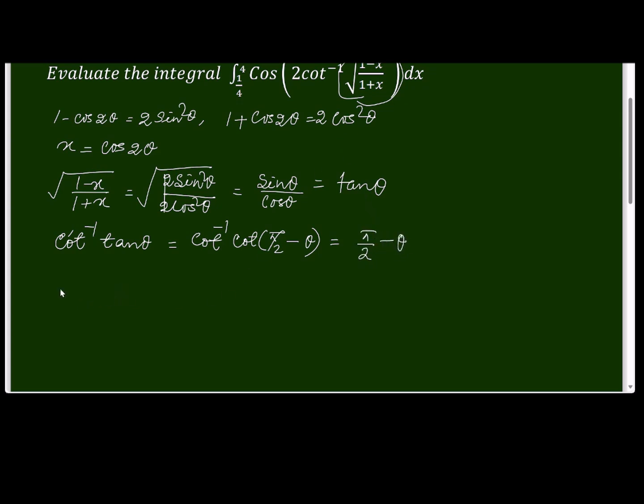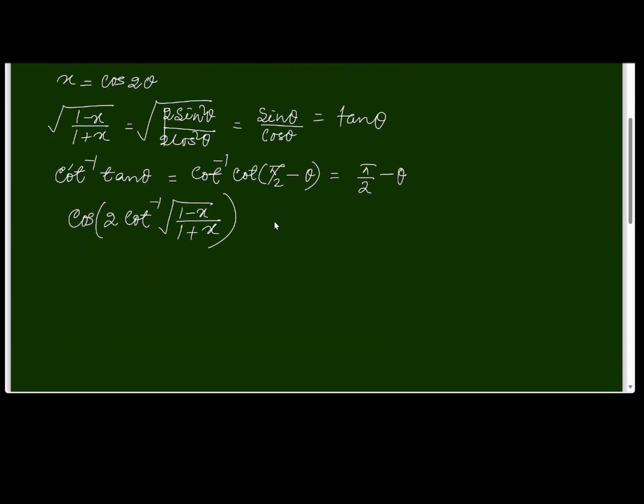So now I am writing the whole function: cos of twice cot inverse square root of (1 minus x) over (1 plus x). Of course it was cos.